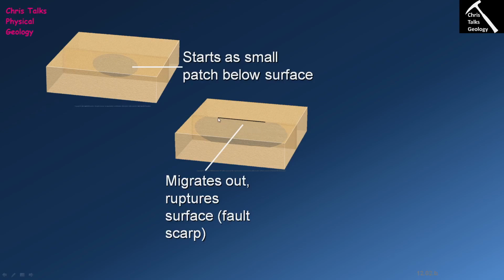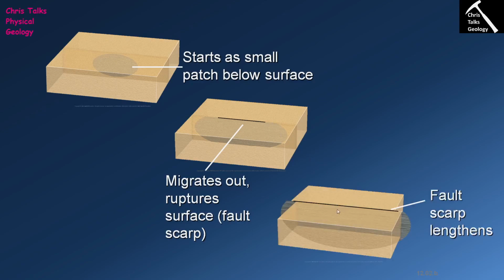Now, eventually our rupture is also going to reach the surface of the Earth. And when it reaches the surface of the Earth, it's going to form a feature which we refer to as a fault scarp. And this is going to be a noticeable line on the surface of the Earth where we see damage to the Earth's surface produced by fault movement. And I'm going to show you a couple of photographs in just a second to demonstrate that. So fault scarps occur when the rupture intersects the surface of the Earth.